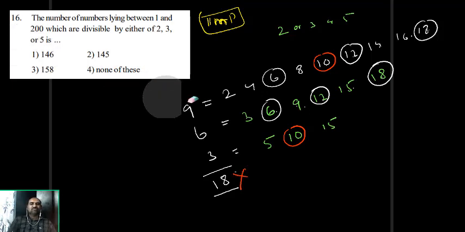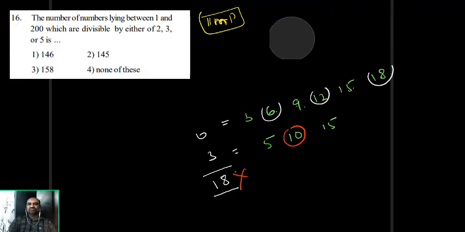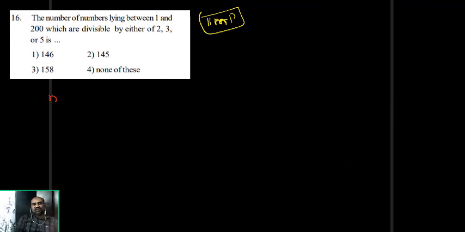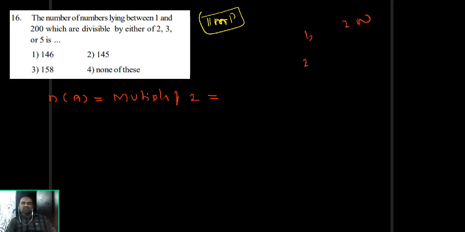So that's why they got the answer wrong. But how to find it out, I will show you. n(A) equals multiples of 2 from 1 to 200: 2, 4, and so on, up to 198.